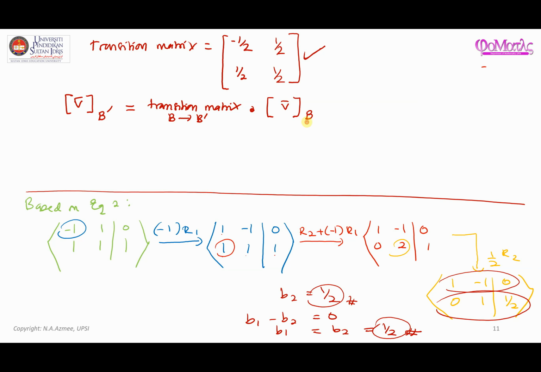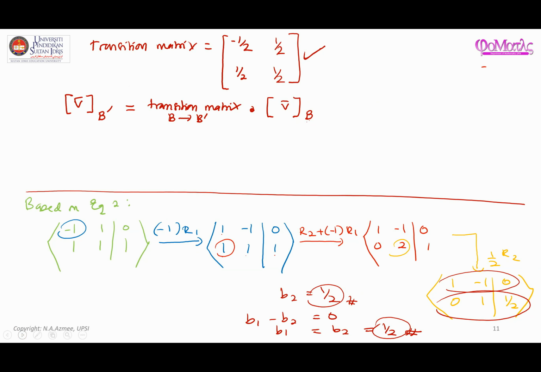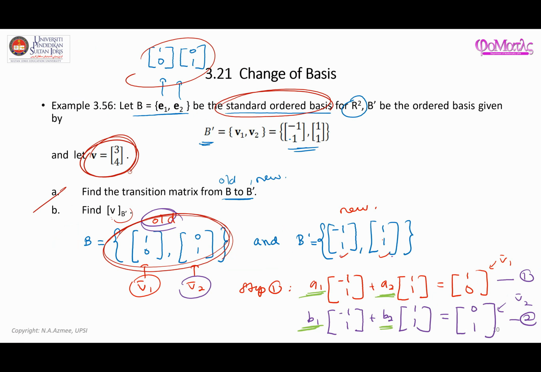Now, the old basis here is the standard ordered basis, the standard basis. So when you are talking about the coordinate vector relative to the standard basis, the answer is going to be the vector itself. We don't need to do anything much, okay?